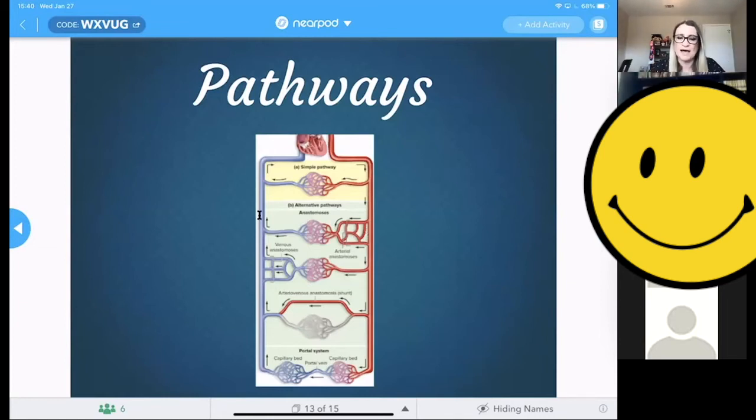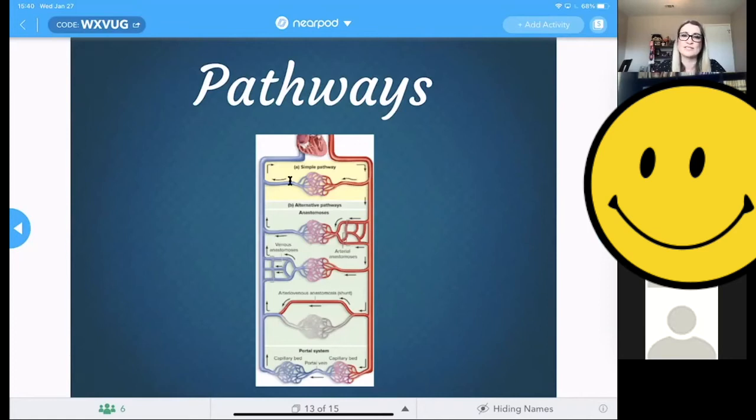An example of a simple pathway would be the spleen. You just have one artery, one vein supplying that organ. Alternative pathways are going to include anastomoses and a portal system. Anastomosis with the -sis ending is the singular version of this word. Anastomoses, with -ses, would be the plural of the word, just FYI.